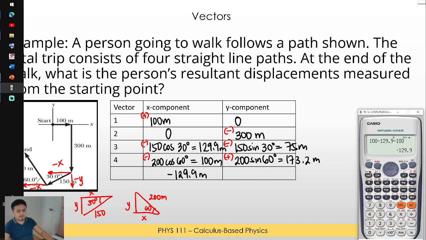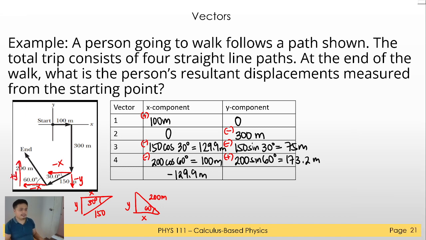And then for the resultant y component, we have negative 300, minus 75, plus 173.2. So the answer should be negative 201.8 meters.